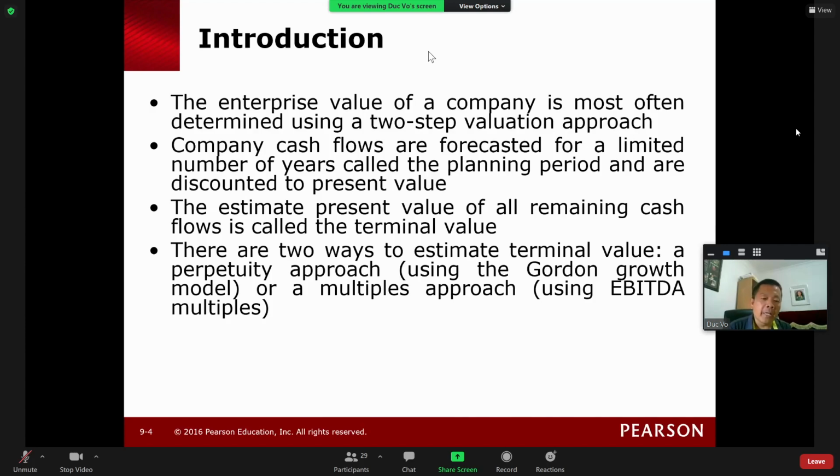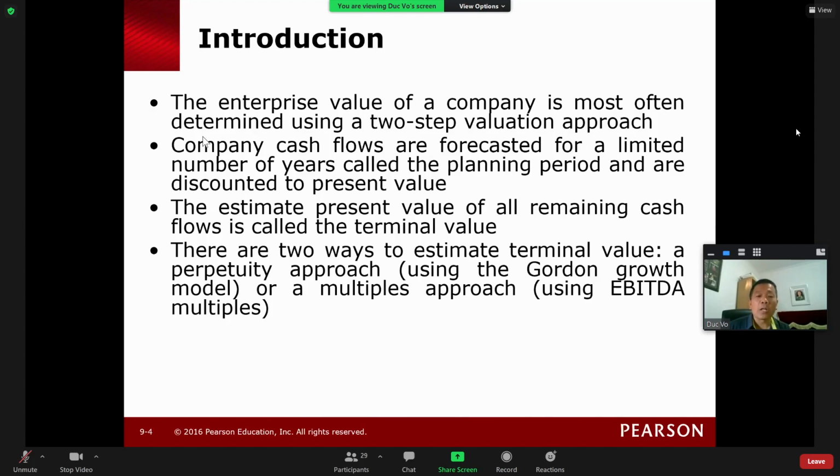However, the fundamental difference between project valuation and company or enterprise valuation is the life of the project is finite. The project can last for 25 years, for 40 years. However, the company or enterprise will last forever. And it is impossible to forecast the future indefinitely.